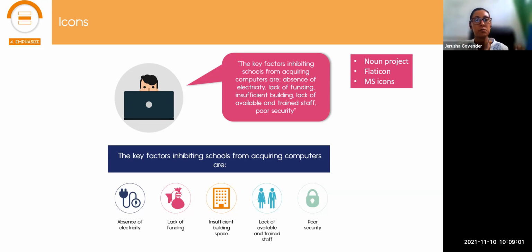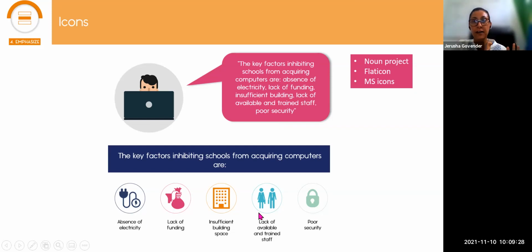So for example, this person writing the report is typing, the key factors inhibiting schools from acquiring computers are absence of electricity, lack of funding, insufficient building, lack of available and trained staff, and poor security. And then in the infographic for each of it, they explain, these are the challenges and lessons for funding. Here's the challenges and lessons for poor security. So rather than repeating these as headings, you can utilize icons.